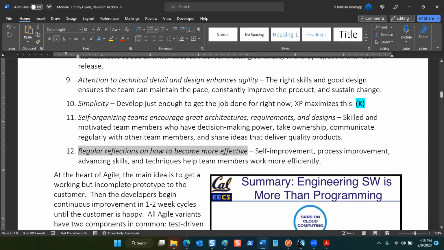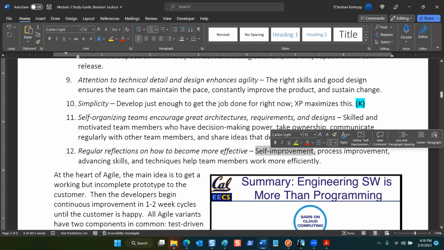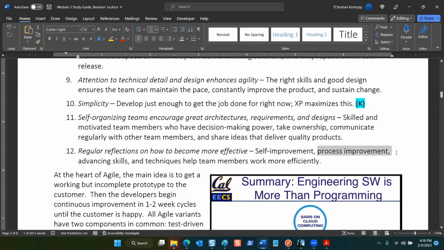Regular reflections on how to become more effective. You have to be interested in self-improvement, process improvement, team improvement, right? So that the team works more effectively and efficiently. You can't have superstars and it's all about them, okay? And that's one of the principles for Agile.